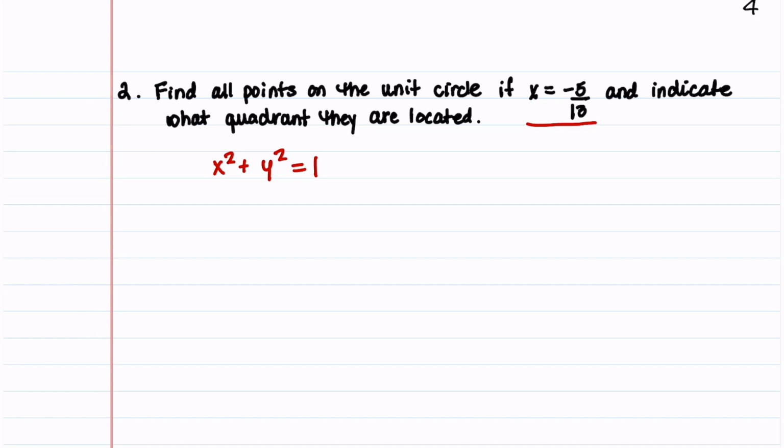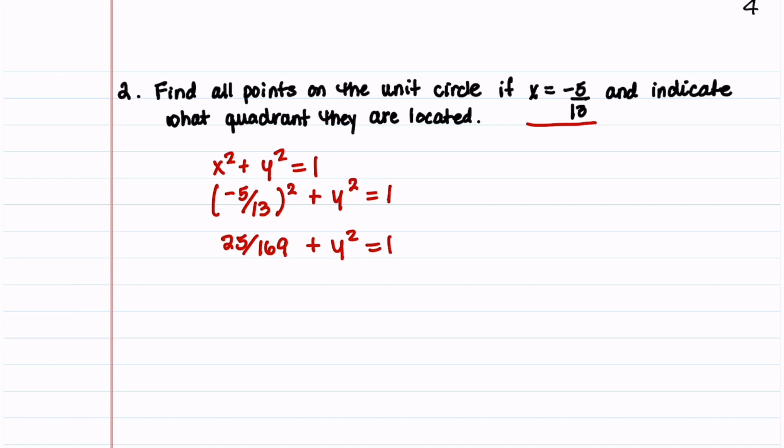We plug in x is equal to minus 5 over 13, and then we have plus y squared is equal to 1. Minus 5 over 13 squared gives us 25 over 169, plus y squared is 1.